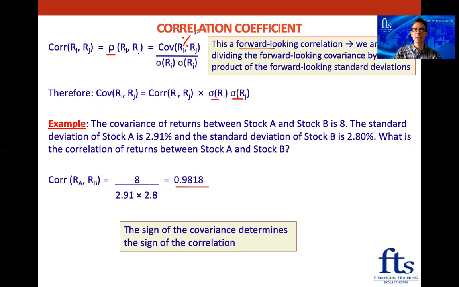So if we're using percentages, it's going to be in percentage squared. And standard deviation is in the same units as the underlying data. So we've got percent for that standard deviation, and percent for that standard deviation. So this means we've got percent squared on top and percent squared below, because these two percentages will cancel those two. So everything's going to cancel out. So we're going to have no units for correlation.